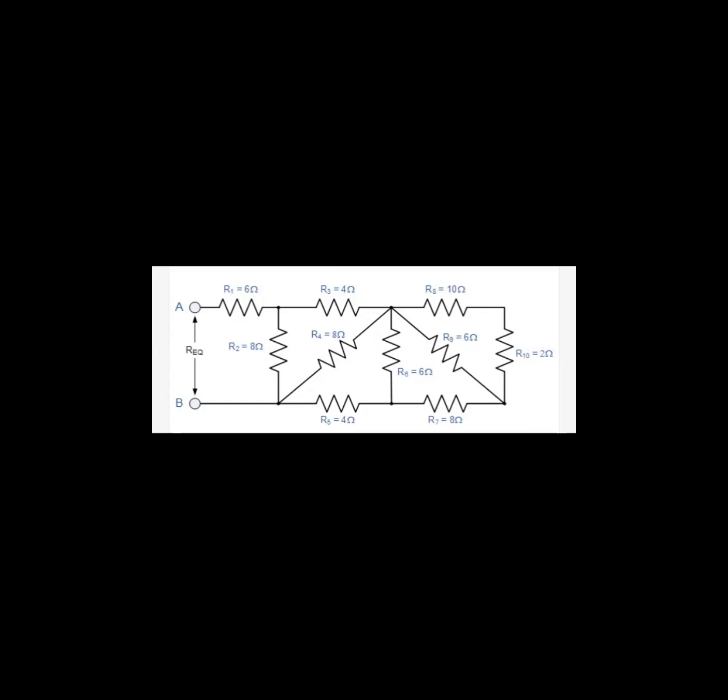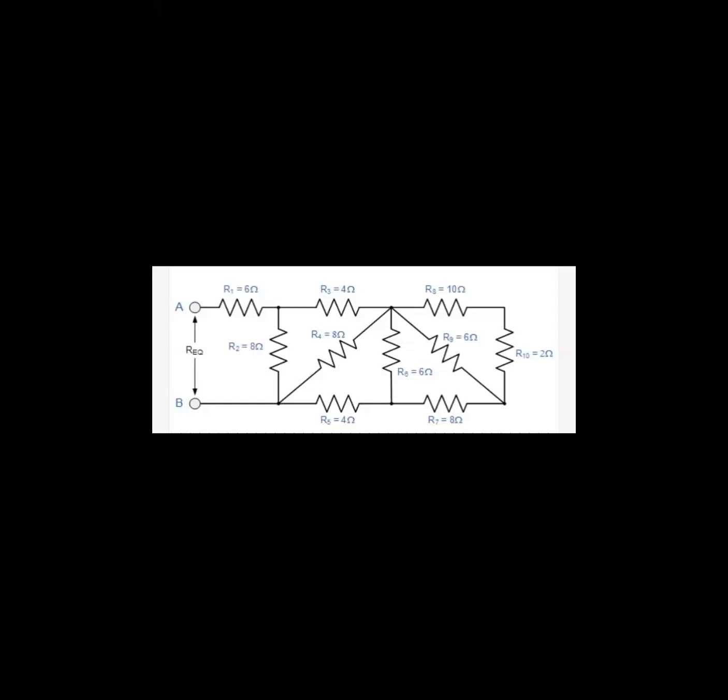So let us assume that the side where we have A to B is the side that we have the voltage. It means we are starting our solution from the other side.